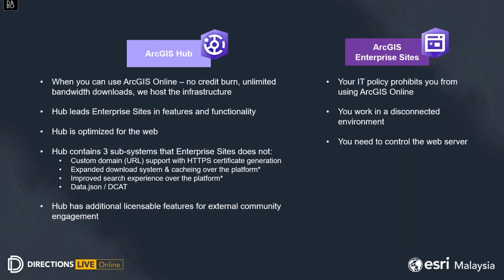So if you can use online, it's better to use ArcGIS Hub. But no worries, if you want to deploy on your network, which can also be online, the enterprise site can be used because you have complete control over the web server.